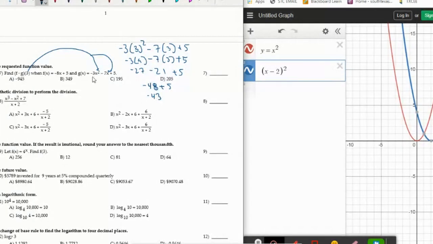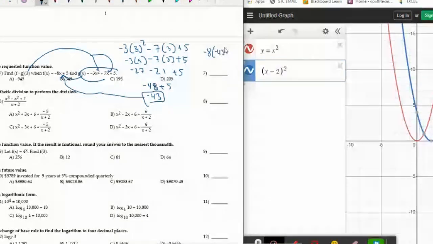We plugged in 3 for this. I said that we had to plug all this into our f. So now that we know what g is equivalent to, we're going to plug that in. Now we have negative 8 times negative 43 plus 5. A negative times a negative is a positive. And then 43 times 8 is 344. So this would be 340.